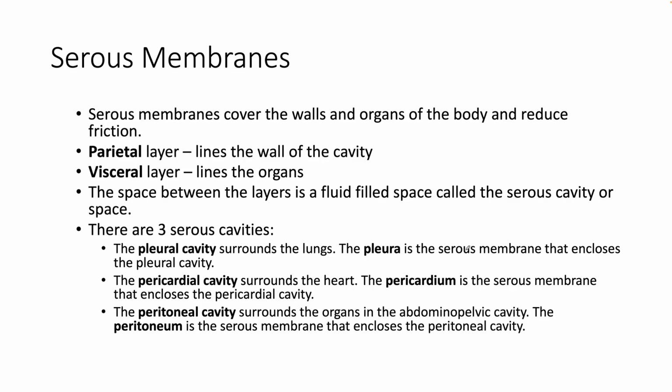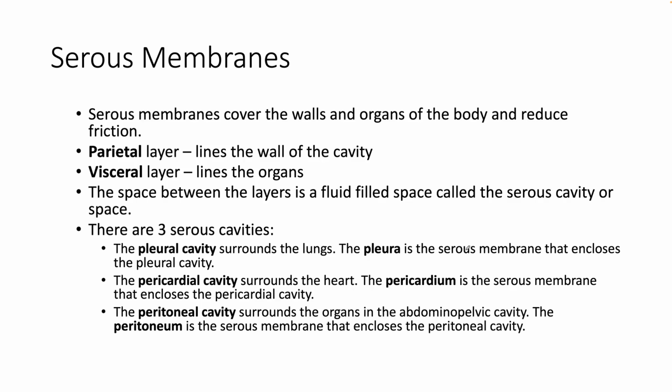So we spoke about this a little bit. There are three serous cavities in the ventral cavity. The pleural cavity surrounds the lung, so the pleura would be the serous membrane that encloses the pleural cavity. The pericardial cavity surrounds the heart, so the pericardium would be the serous membrane that encloses that pericardial cavity.